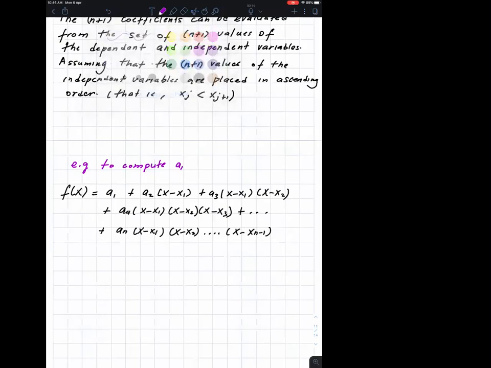Let's say A1. If you want to find out what that is, all you have to do is set x in this equation.